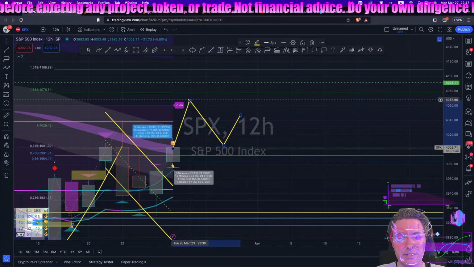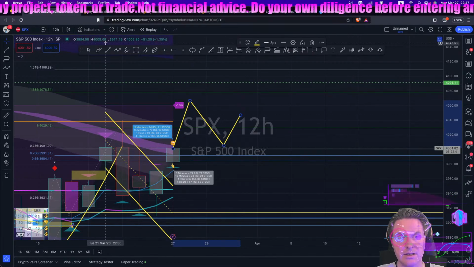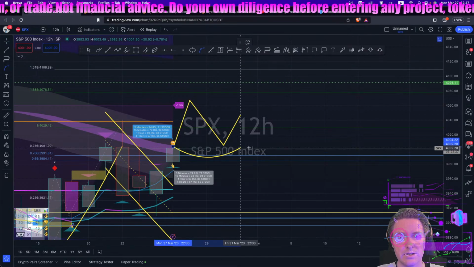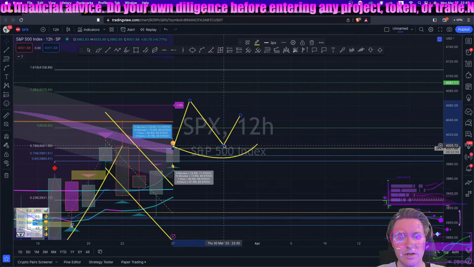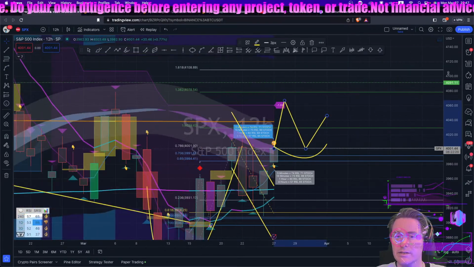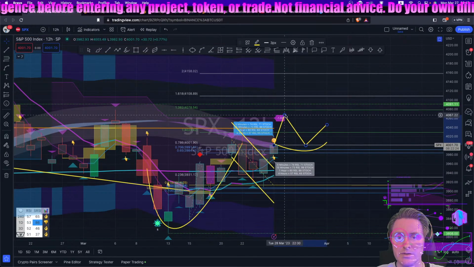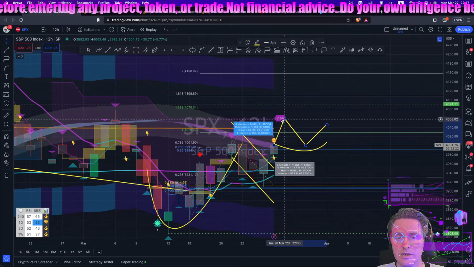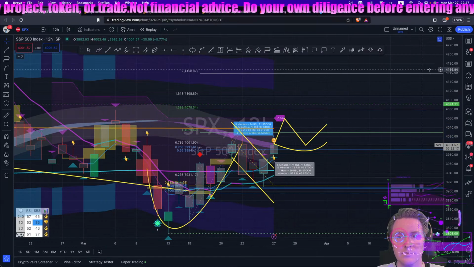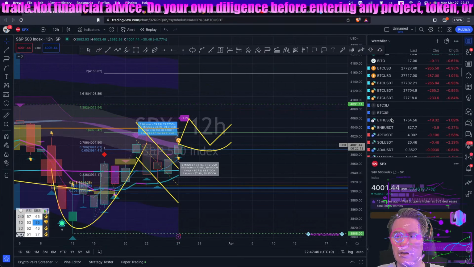So yeah, if you come up to here and then you get kind of faded out and then you come back to the cloud as it starts to curve in this manner, then you try to kiss off the cloud and continue or something like that. If it does happen to make an impulsive move up to, let's say, this ATR region and then come back, that would be bullish for Bitcoin, wouldn't it? If that's the case.